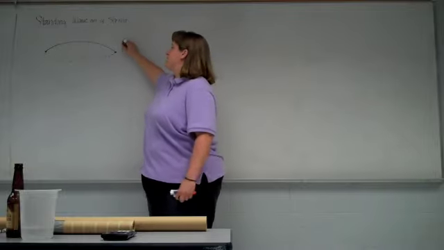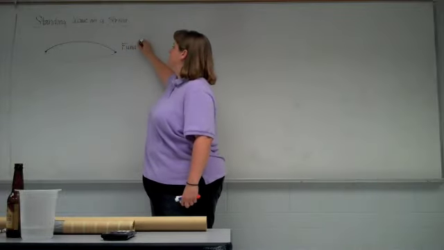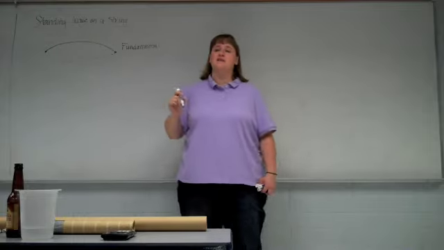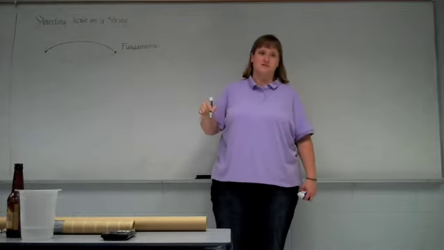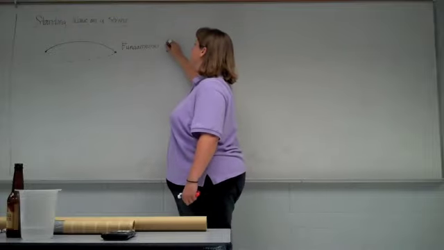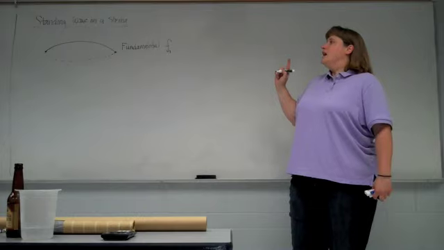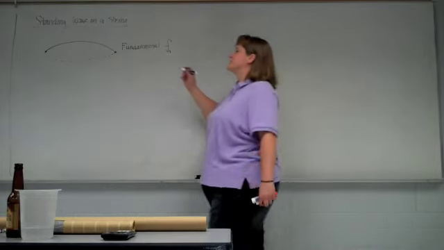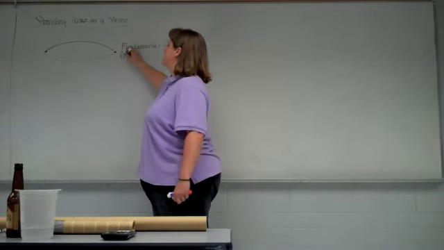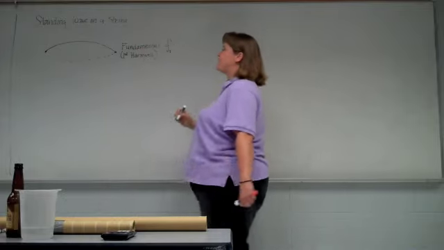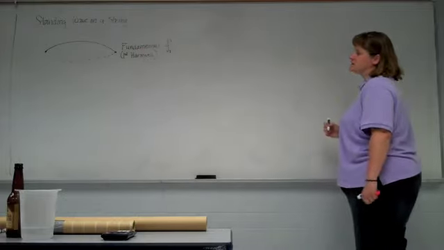The simplest pattern is called the fundamental. The frequency required to produce this pattern is called the fundamental frequency. Okay, there's a very specific frequency required to make this occur. The fundamental is also sometimes called the first harmonic. So if you see that, it means the same thing as the fundamental.